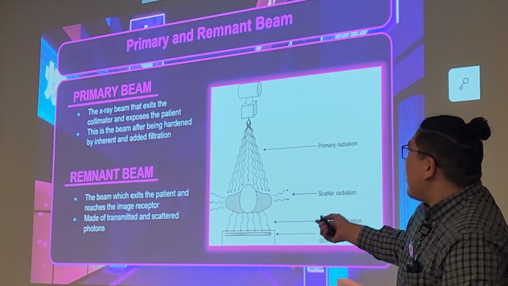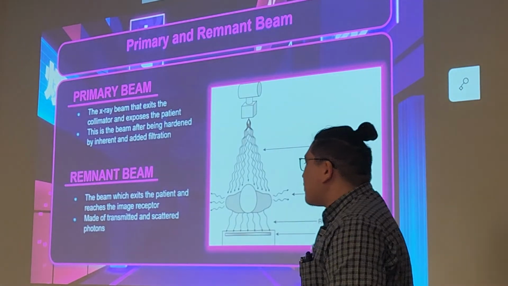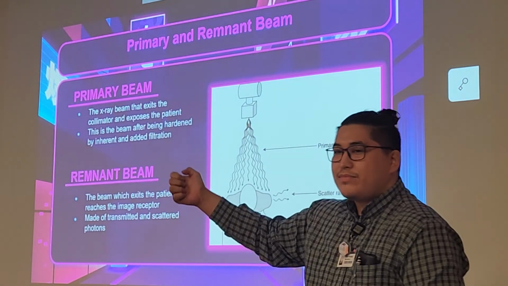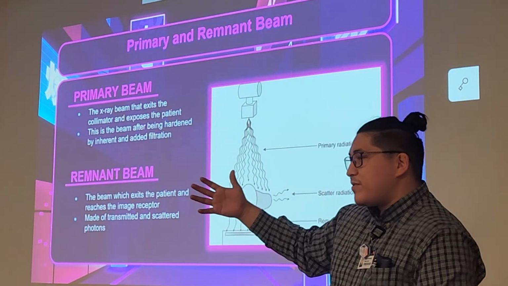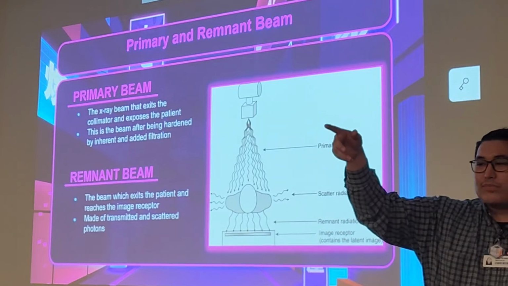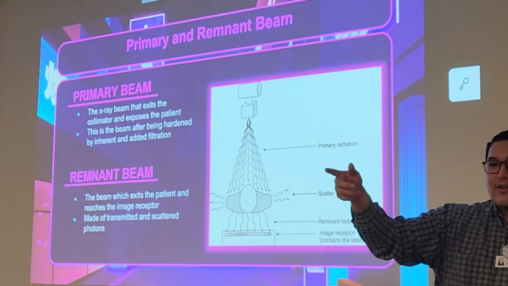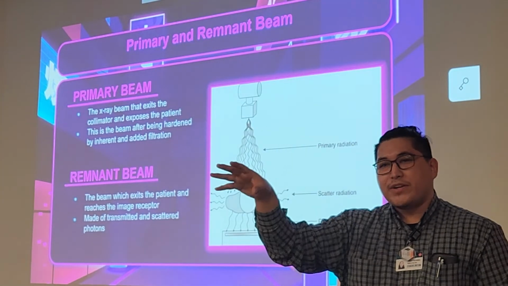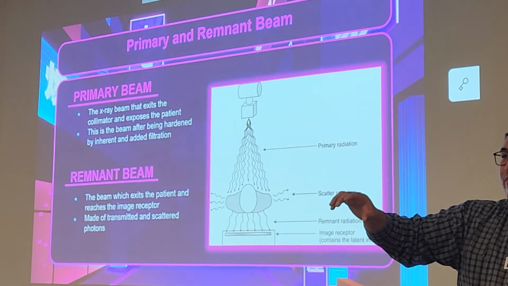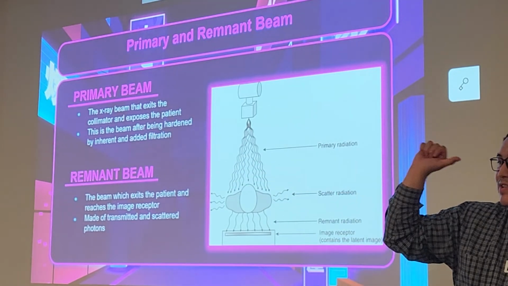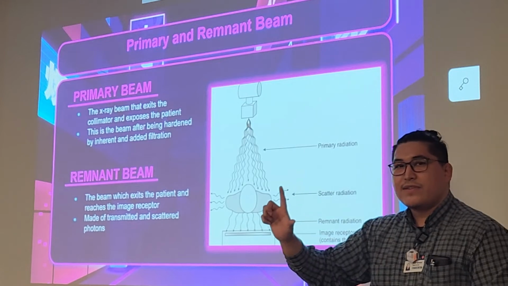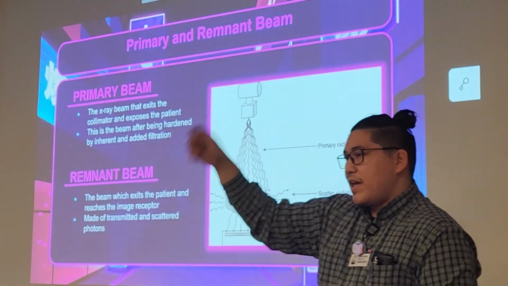So, we know once we hit our button, something goes on in the tube. We know the electrons get shot over to the anode side. There's target interactions there, which we went over before, which are our Brem's interactions and our characteristic interactions. Now when that happens, X-rays are produced.